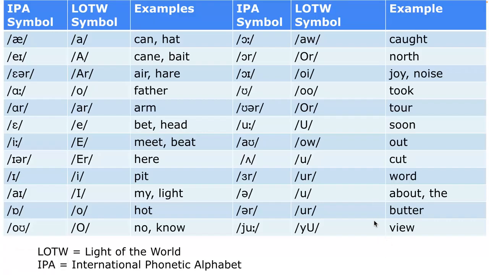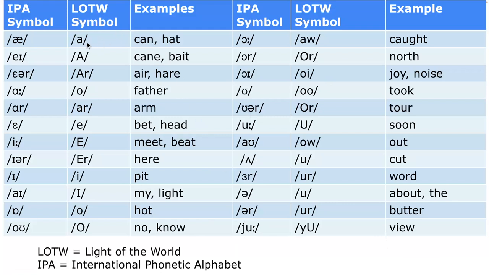Okay, so here are some of the vowel sounds. And again, not everybody agrees how many vowel sounds there are in English. It varies according to region. But I'm showing you two things here. For the Light of the World pronunciation symbols, I wanted to make it as simple as possible so that students didn't have to learn more squiggly letters in addition to the English alphabet.